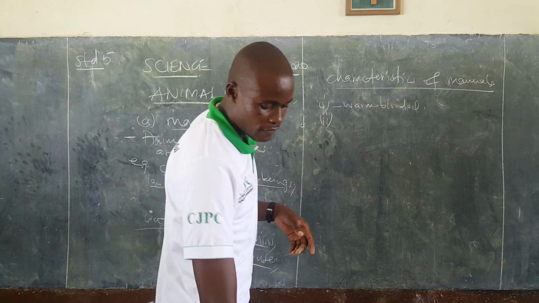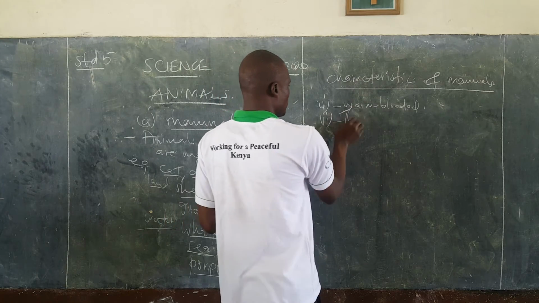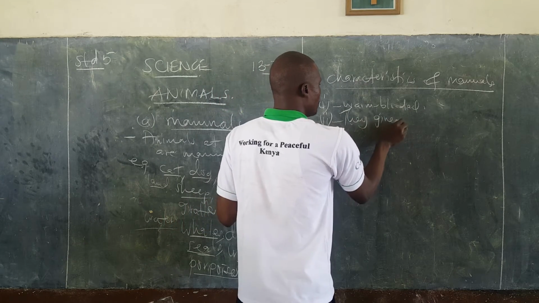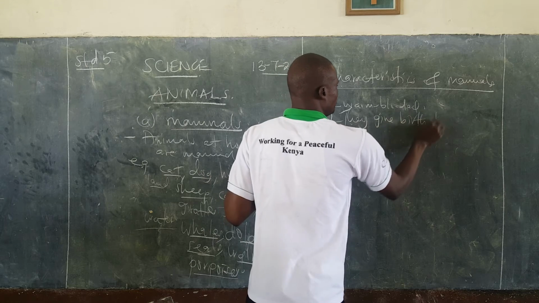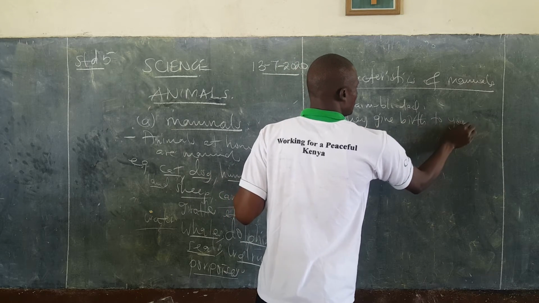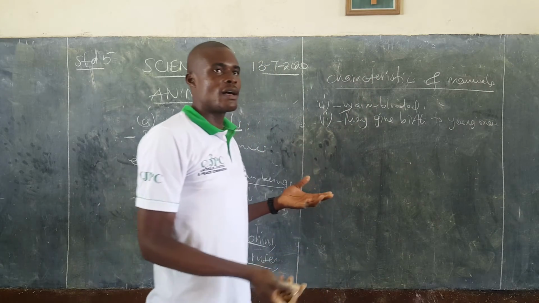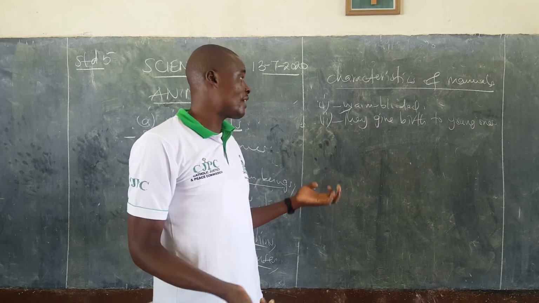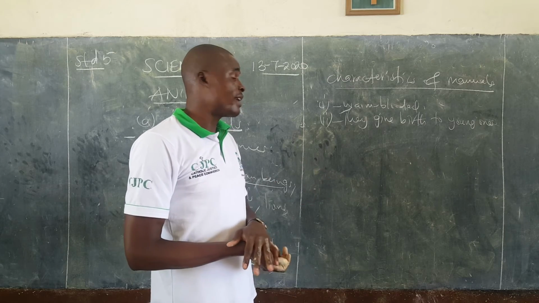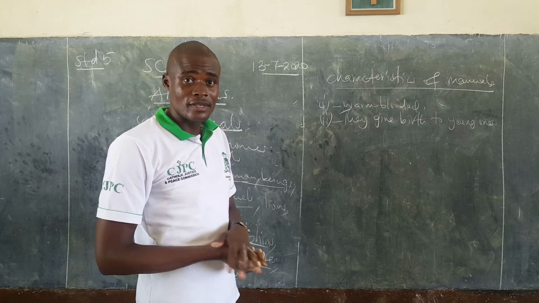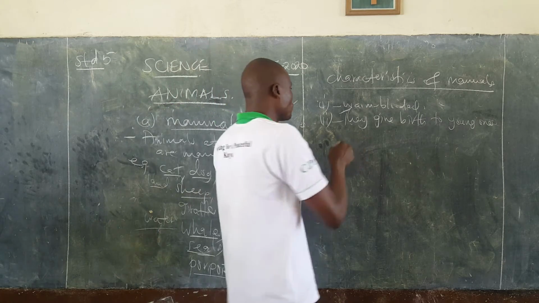Then B, they give birth to young ones. Here you may be asked about the young one of an elephant. Those are calves. It's a calf. So they give birth to young ones.